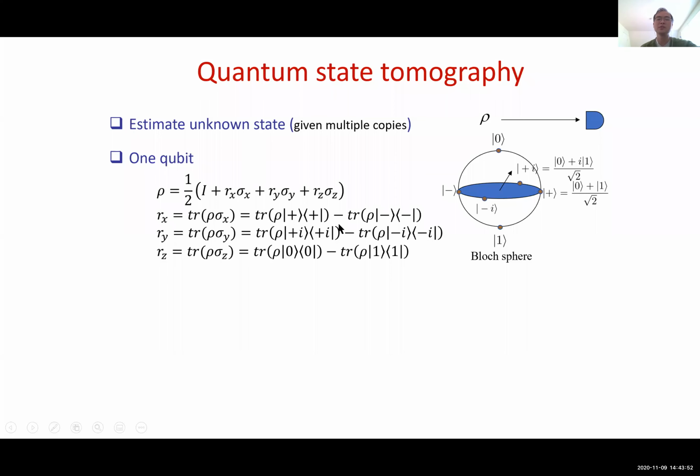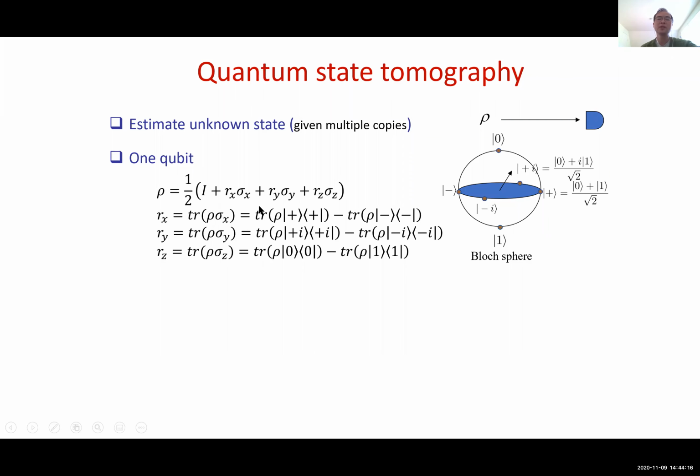The reason is that when these coefficients are uniquely determined, they specify the state completely, up to statistical fluctuation. These coefficients are really measurements from the 3 different axes. 0, 1 is this direction, north and south pole, and the plus and minus give you the Rx, which is in this direction.